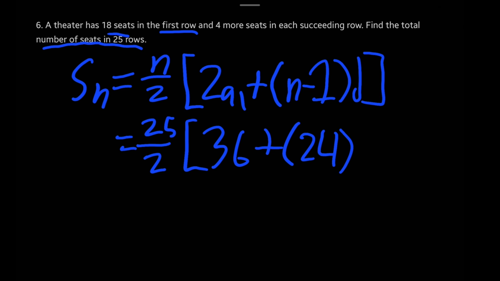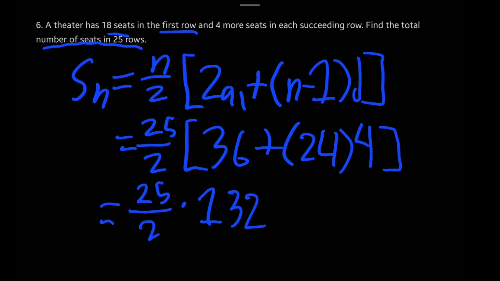multiplied by the common difference, which is 4. So 24 times 4 is 96. 96 plus 36 is 132, times 25 over 2, and plugging into the calculator we get 1650.